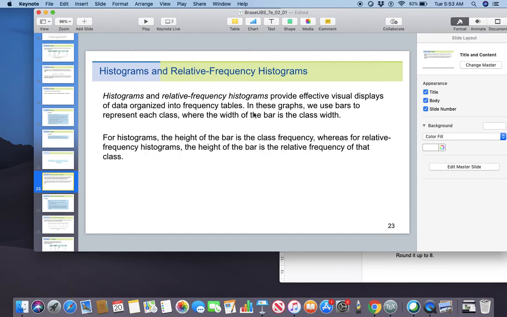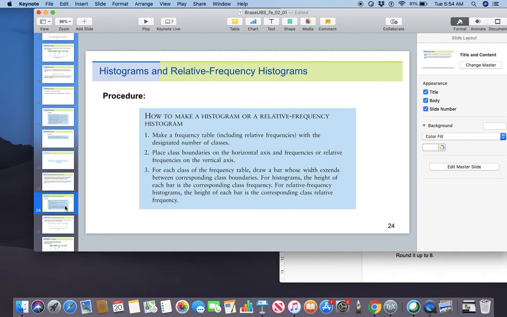So you made your frequency tables, and you're going to make graphs out of them. We use bars to represent each class. The width of the bar is the class width. For histograms, the height of the bar is the class frequency, whereas for relative frequency histograms, the height of the bar is the relative frequency. Let's see what that means.